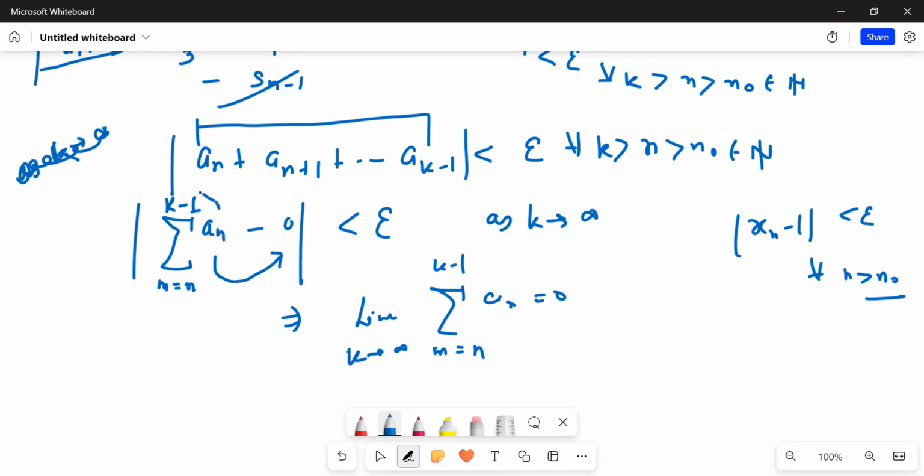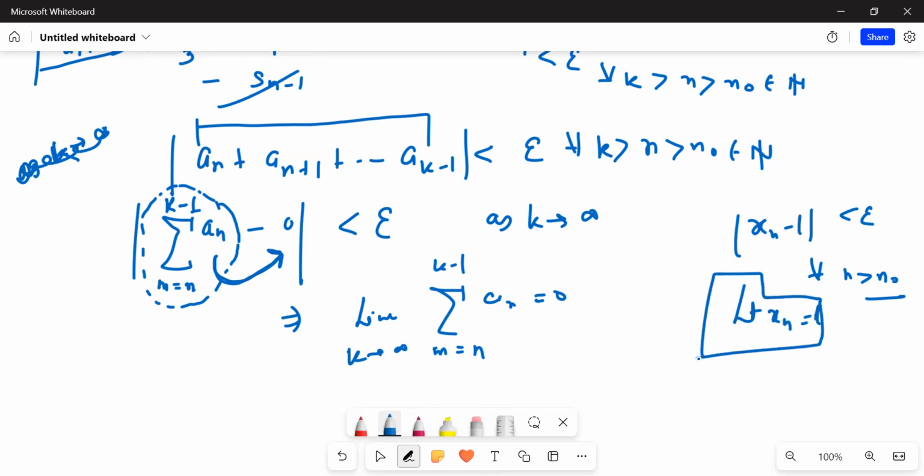It implies that if I take a limit here, this sequence's limit is going to go towards 0, right? If you remember, if modulus of xn minus L can be made less than epsilon, then it implies limit xn is equal to L. So from here it's quite evident that limit k tends to infinity of summation m equals n to k minus 1 of am should be equal to 0.